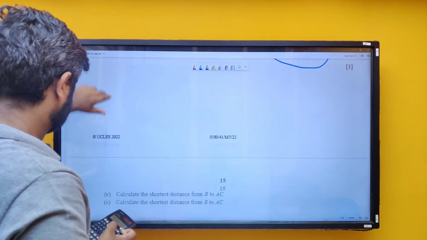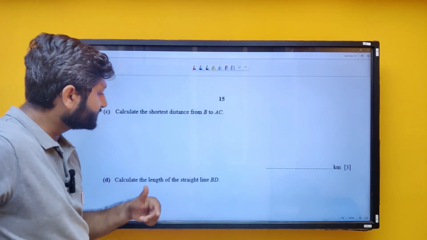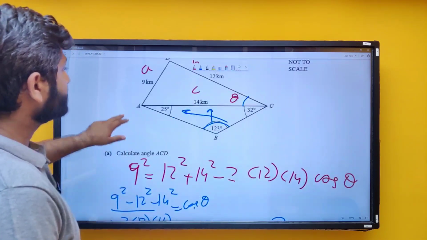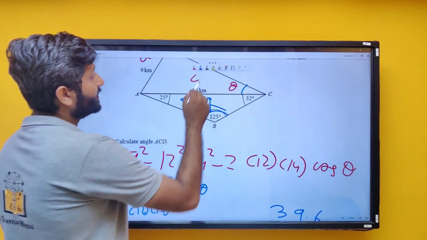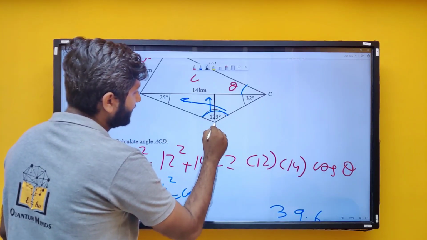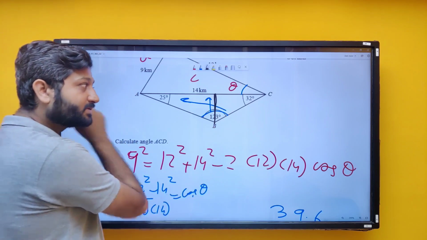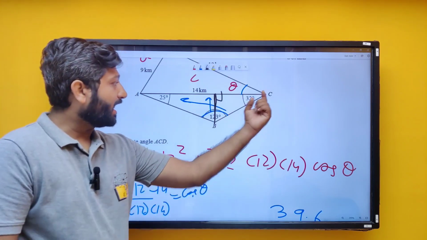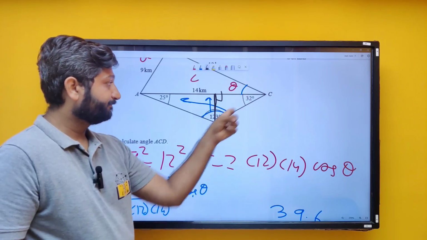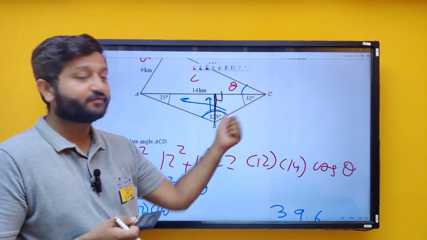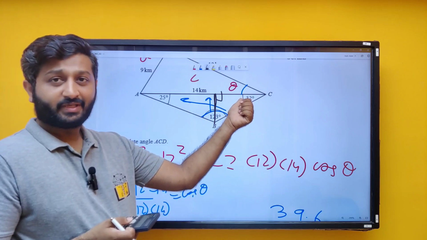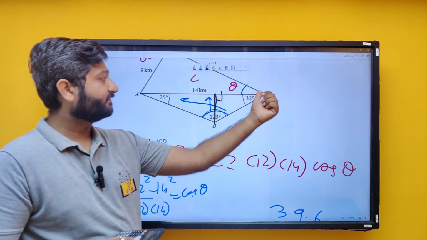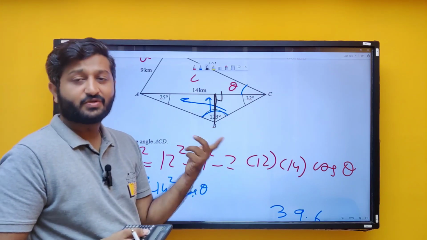Next question. Calculate the shortest distance from B to AC. The shortest distance will be a straight line, and this forms a right angle triangle. I just found out BC, which is 7.05. This is 32, and this is 90 degrees. I am supposed to find the opposite side and I have the hypotenuse, so use sine theta.